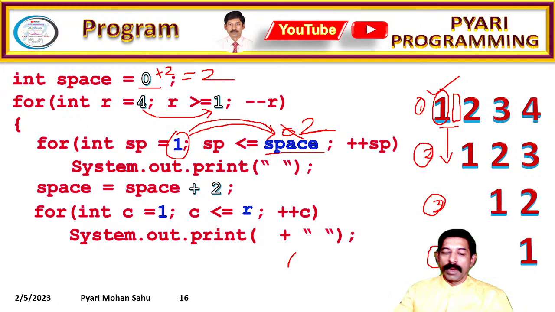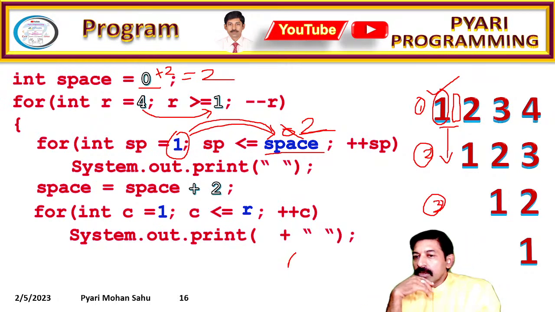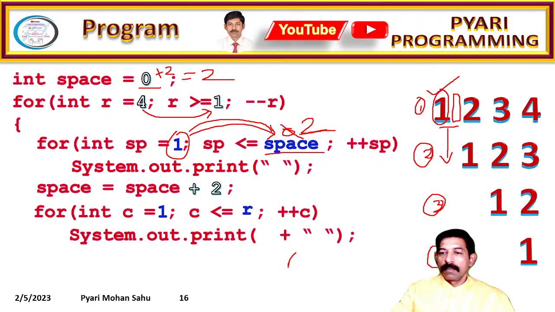Next, what to display? Yes, what to display now? Sanchita, C to be displayed.